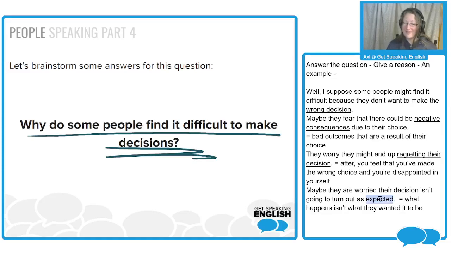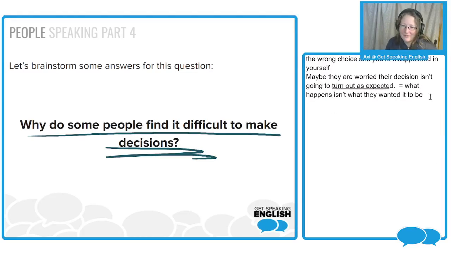Maybe they had one thing in mind, and then in the end, it did something else, right? So maybe they're worried that that's going to happen, and that will make it hard for them to make a decision, right? That's a good point too.